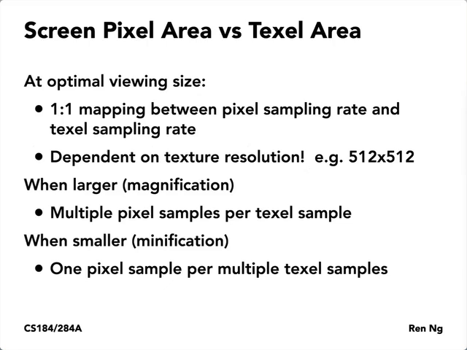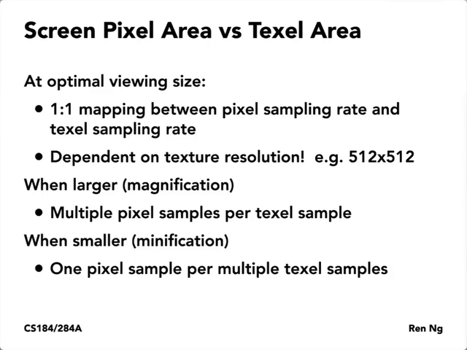At optimal viewing size, we'll have a one-to-one mapping between pixel sampling rate and the texture sampling rate. They'll match. And the one thing I want you to observe right away is that that's totally going to depend on the texture image resolution. If we use a 512 by 512 image and they map one-to-one, well, if we used a higher resolution image, say 1,000 pixels by 1,000 pixels, then it won't match one-to-one, right? So this is going to depend on the resolution of the texture images that we're using here.